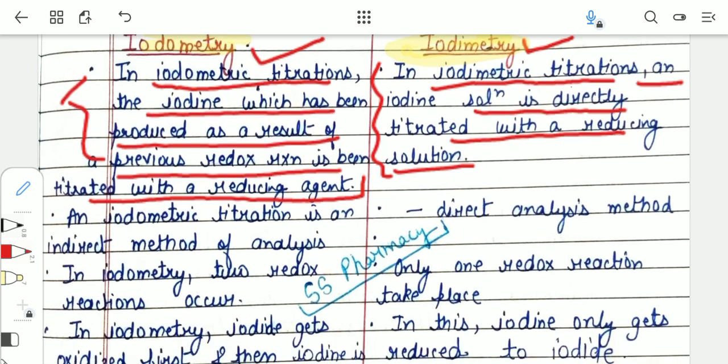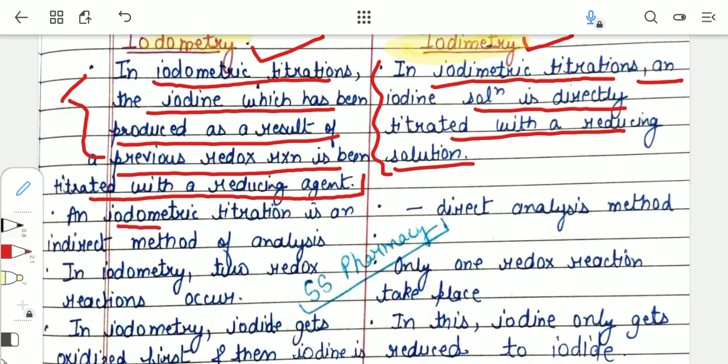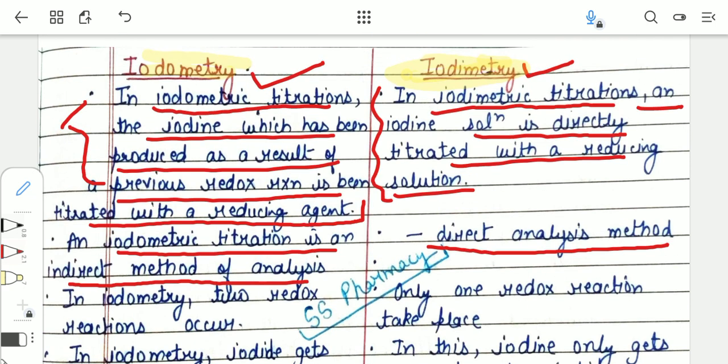Okay, so the second difference is that an iodometric titration is an indirect method of analysis, and in iodimetry there is a direct analysis. It is a direct analysis method. Okay, so there is a way to remember which is a direct and which is an indirect method of analysis. As you can see, in iodimetry there is "di", and in direct also there is "di".